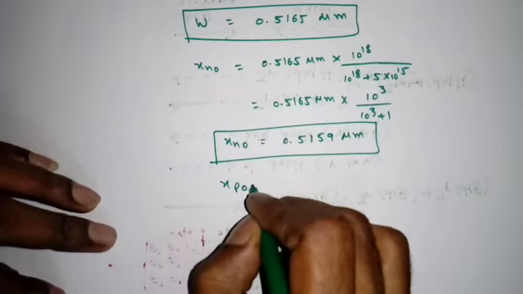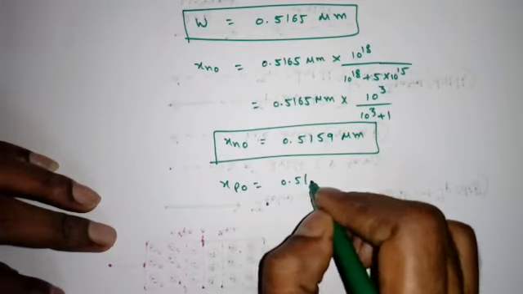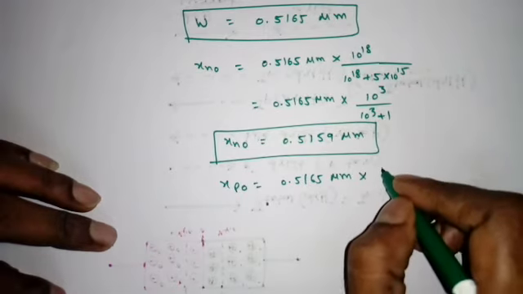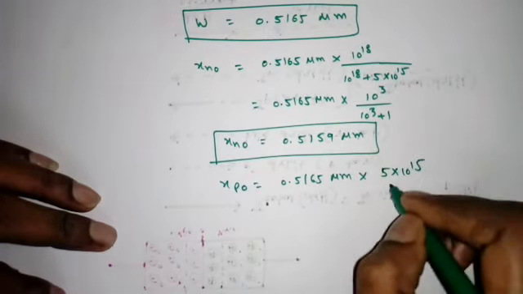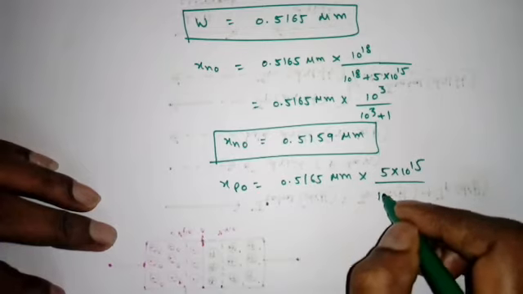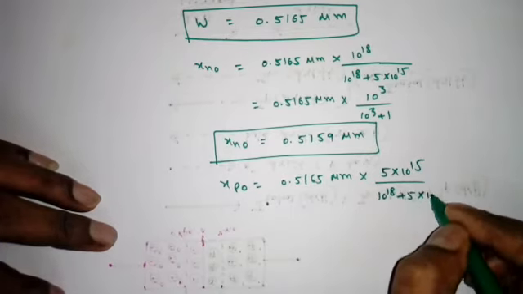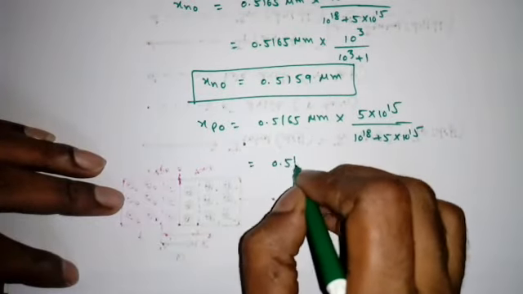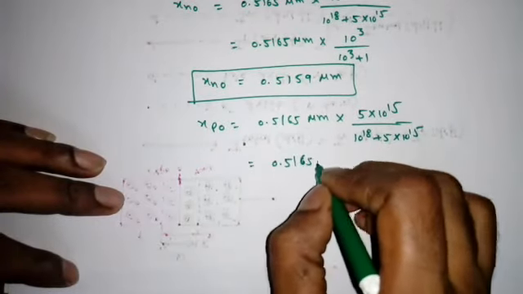Similarly, xp naught is 0.5165 micrometer into Nd. Nd is given 5 into 10 to the power 15 by total again 10 to the power 18 plus 5 into 10 to the power 15. So this will be very small actually, so 0.5165 micro.